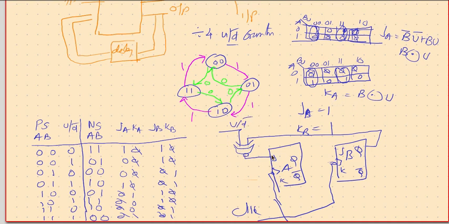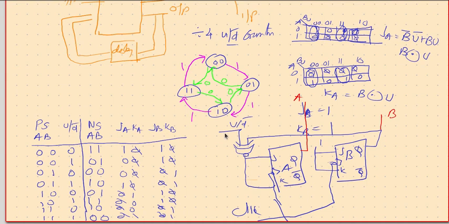And what about KA? KA is also same as that. JB, KB equal to 1. So finally we have outputs. This is output A, and this is output B.